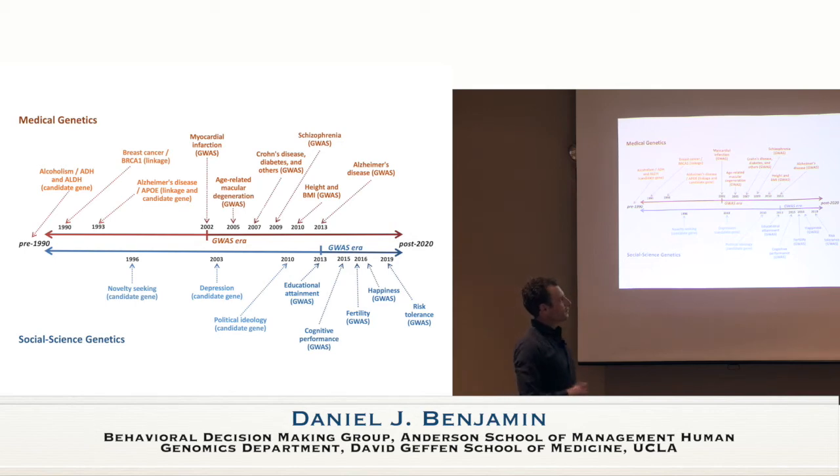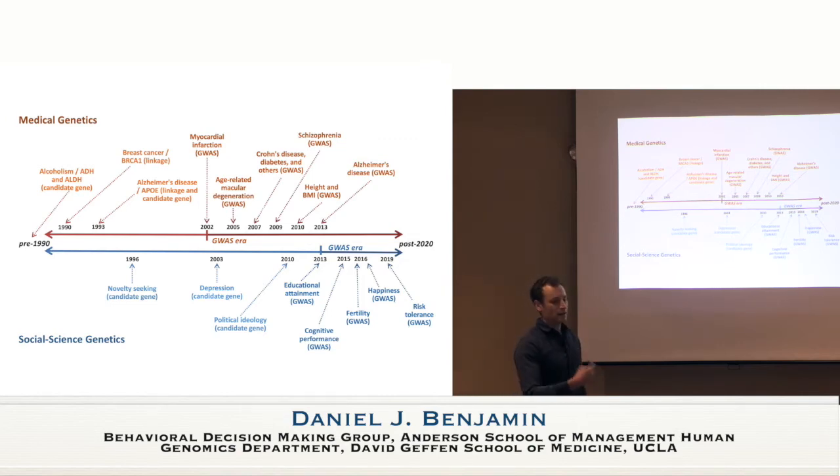The kinds of hypotheses that people had were things like, well, the dopamine-related gene: we know that dopamine is involved in decision-making and the reward system in the brain, so it's reasonable to think it will be related to risk-taking behavior, or novelty seeking.